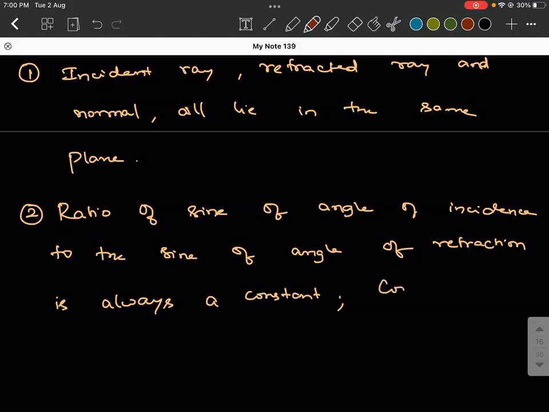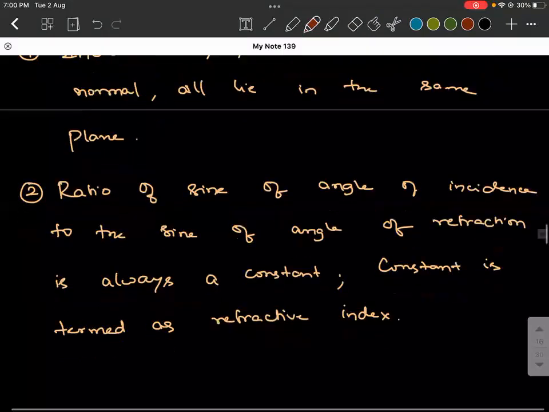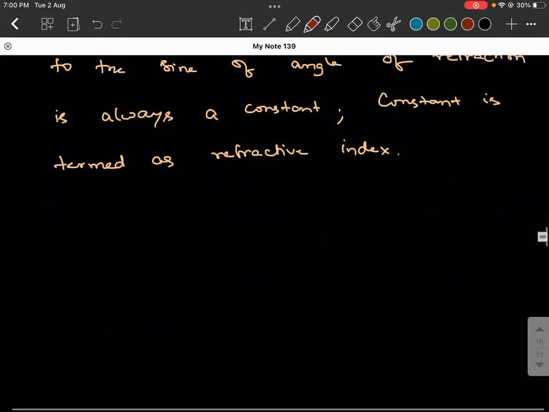And the constant is termed as refractive index.